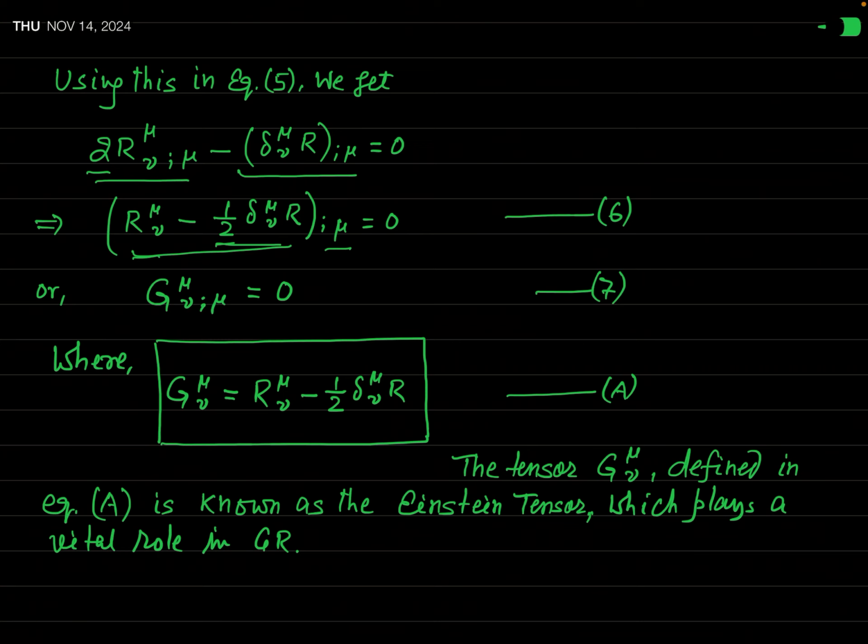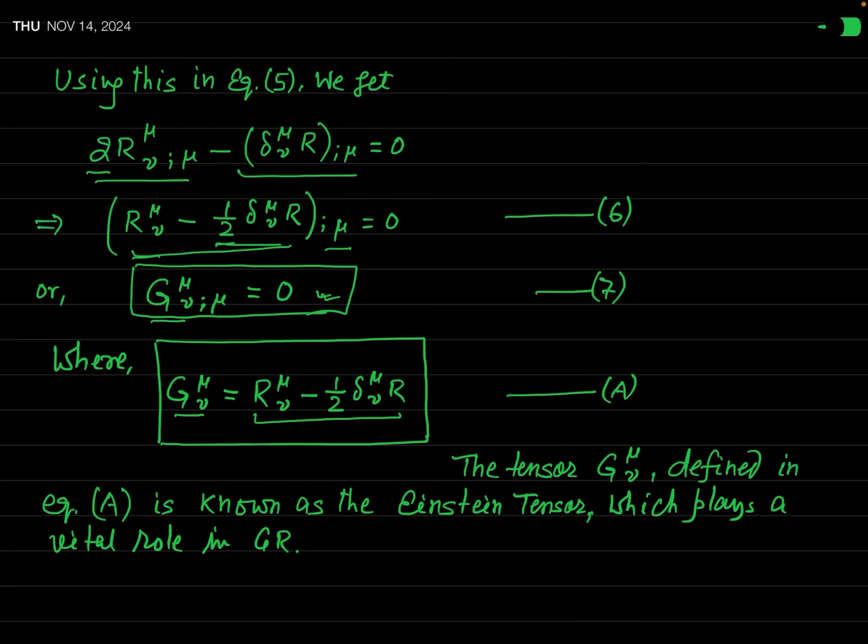In fact the quantity inside the bracket is denoted by the symbol G mu nu, and therefore the covariant derivative of this G mu nu is equal to 0. This is also a very important equation in general relativity. When we discuss Einstein's field equation, you will see this equation there.